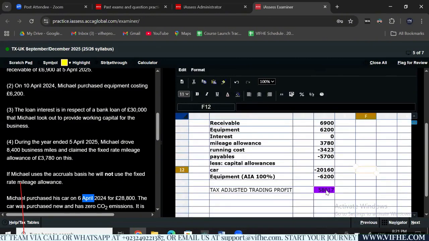So this is how you can make things a little bit peculiar by telling the examiner what your answer will be and how the calculation has been arrived at.